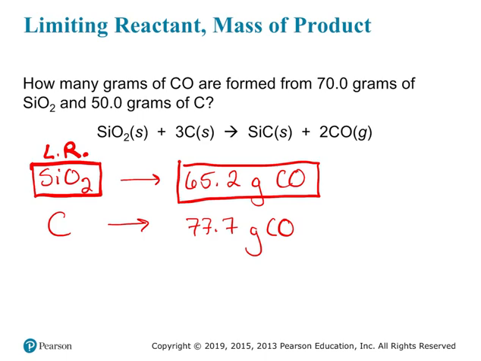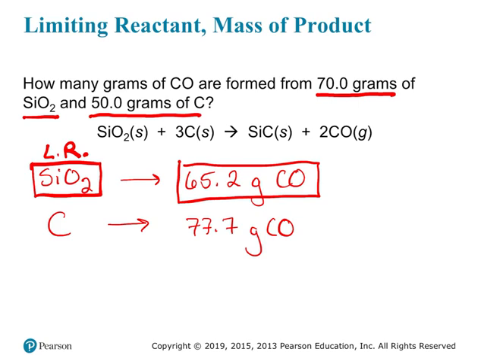Okay, so even though we started out with a lot more silicon dioxide compared to carbon, silicon dioxide does run out first. That has to do with the ratios in our chemical equation, but also the masses of each. So you do have to go through that flow chart in order to figure out what your limiting reactant is.